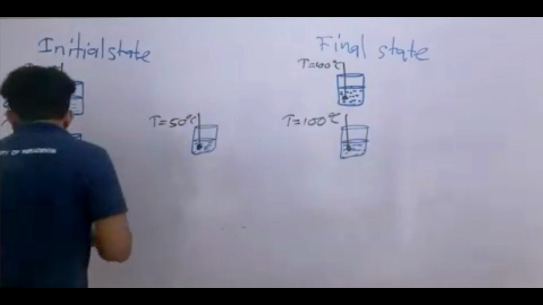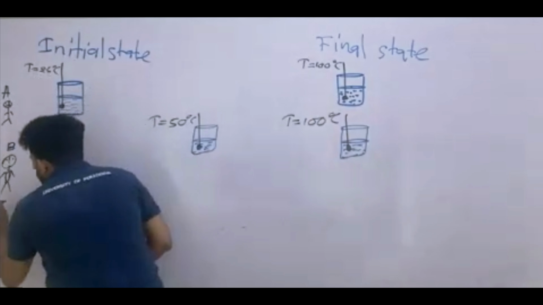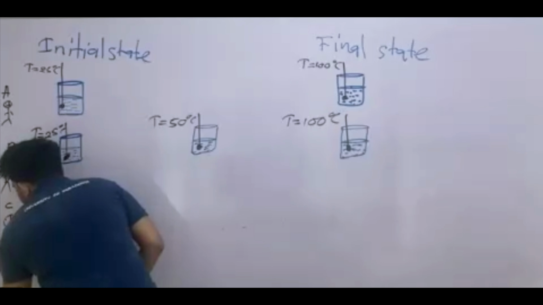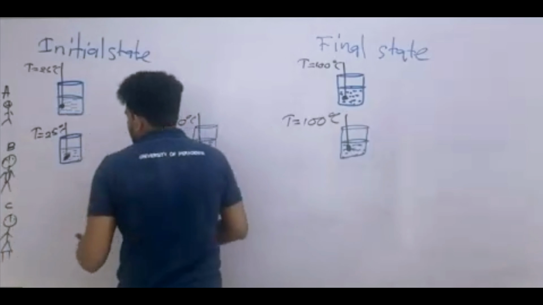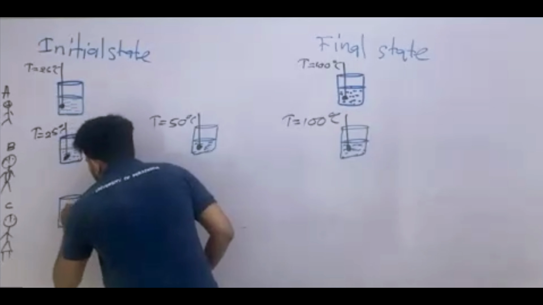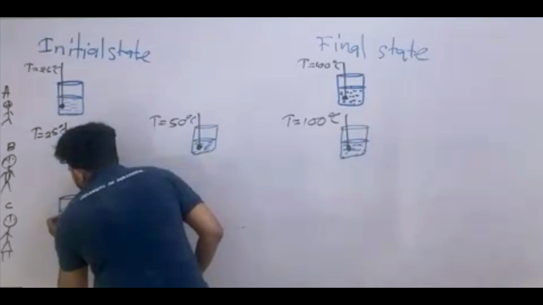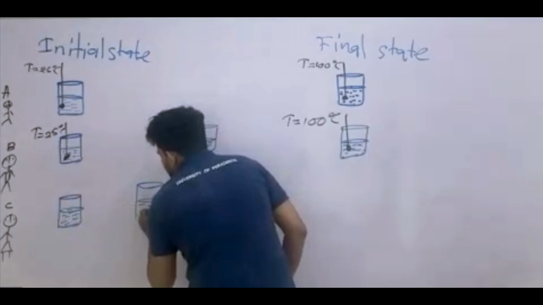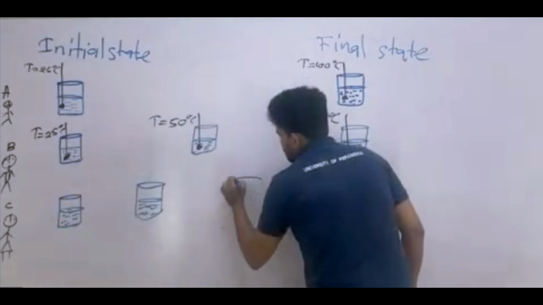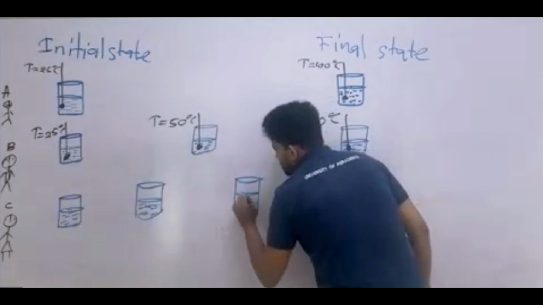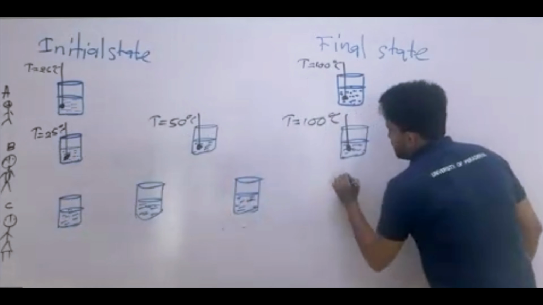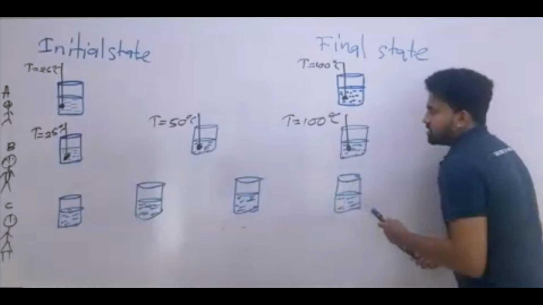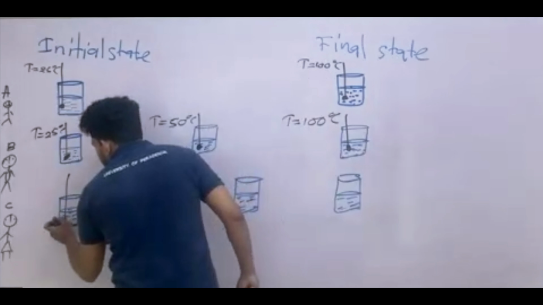And then another person, C, a girl. She's trying to do better, so she will have two intermediate states, and then finally she comes to the final state and also measures the temperature.